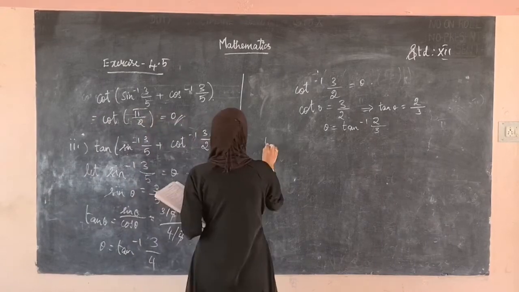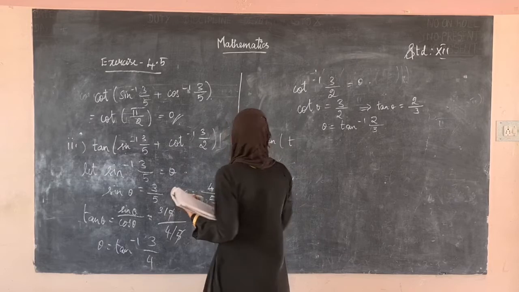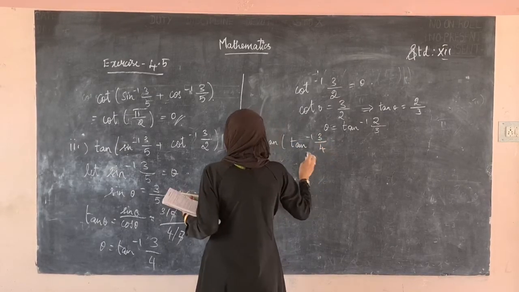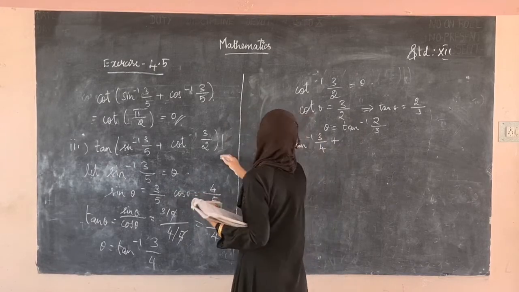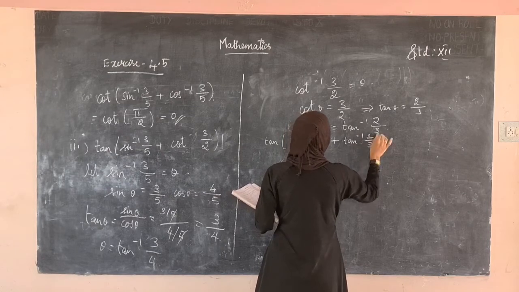So in the question, instead of cot inverse of 3 by 2, we can substitute tan inverse of 2 by 3. Therefore, the question becomes tan of tan inverse of 3 by 4 plus tan inverse of 2 divided by 3.